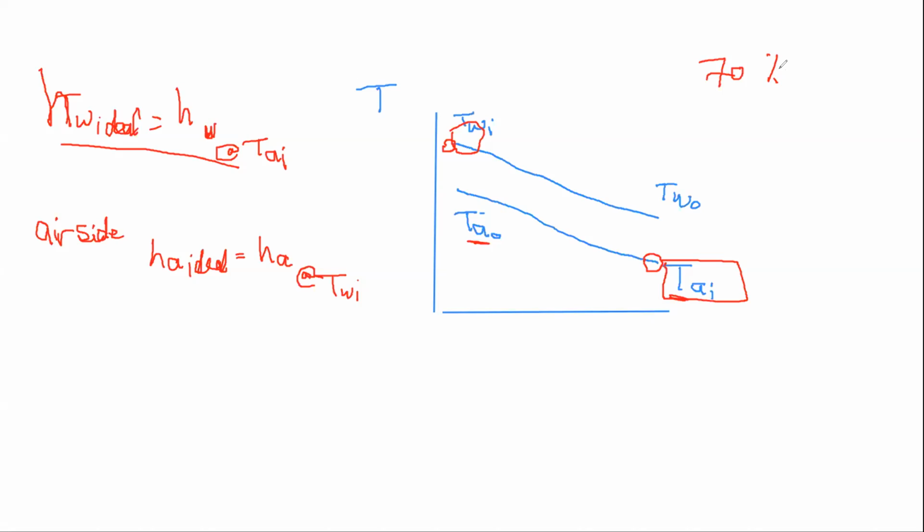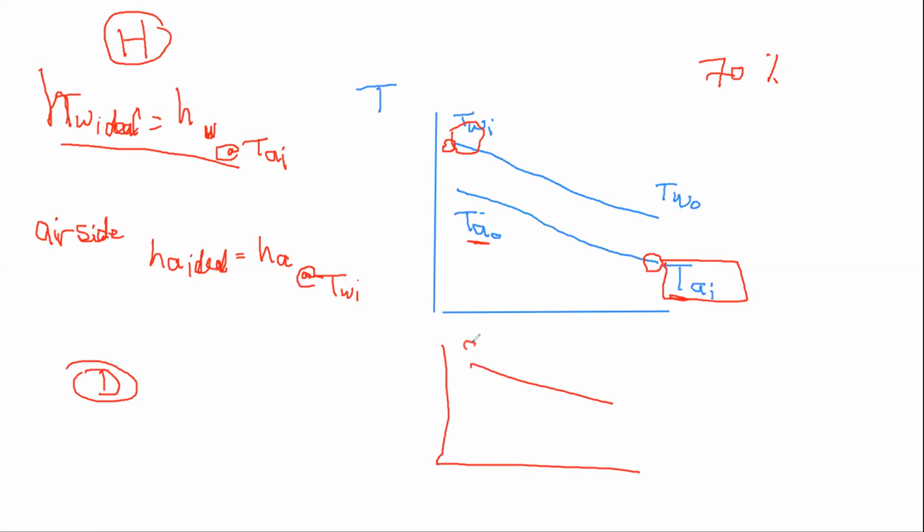Now this is for the humidifier. What about the dehumidifier? What enters and what leaves? In the dehumidifier, air enters at high temperature and leaves at a lower temperature. Water enters at the lowest temperature and leaves at a higher temperature.